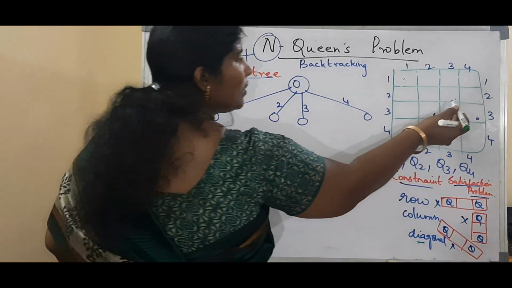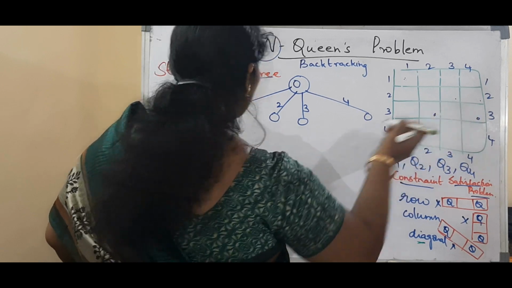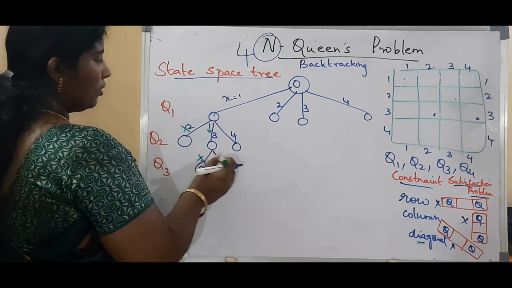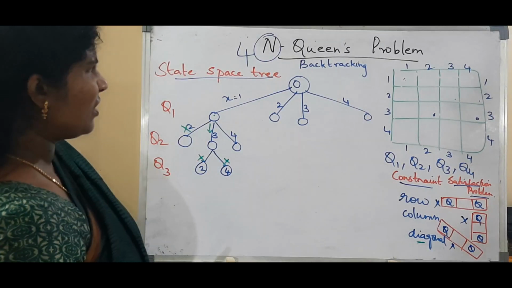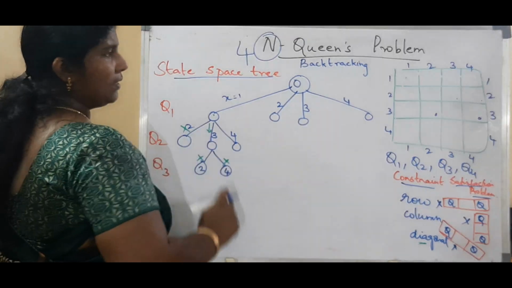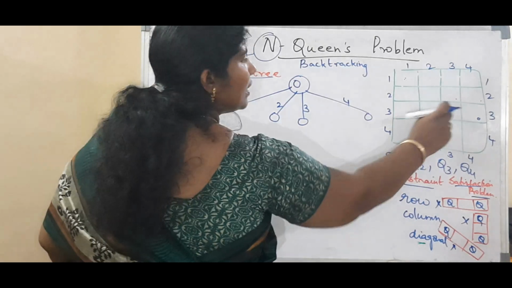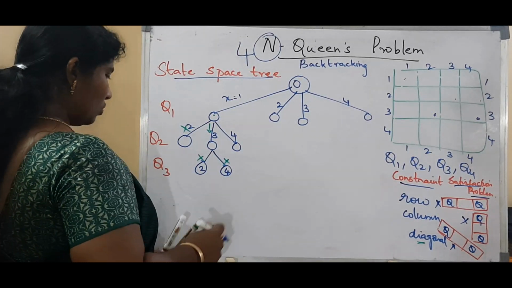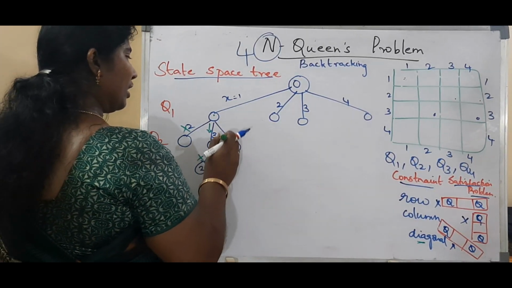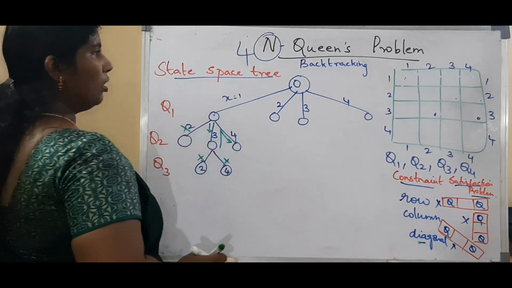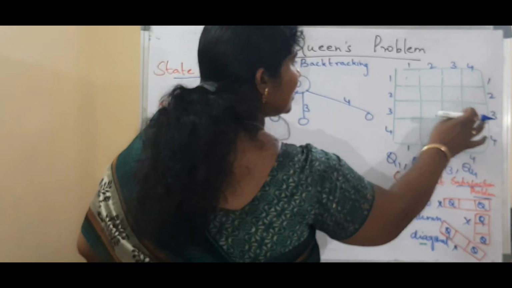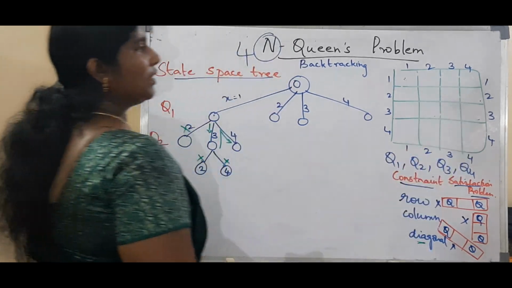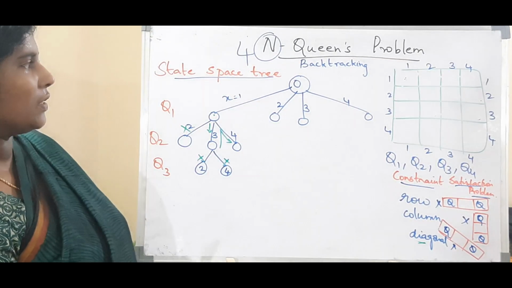But if it is in node 2 or 4, both the nodes are diagonally present. So there is no possibility of placing these two queens in these two locations. So I backtrack again and get back to the next node. All these are failure conditions where I'm not going to get a promising node.